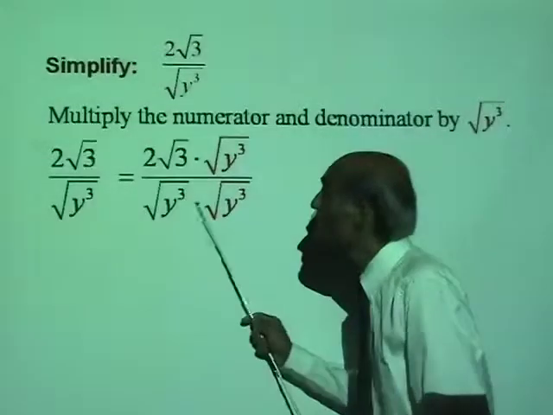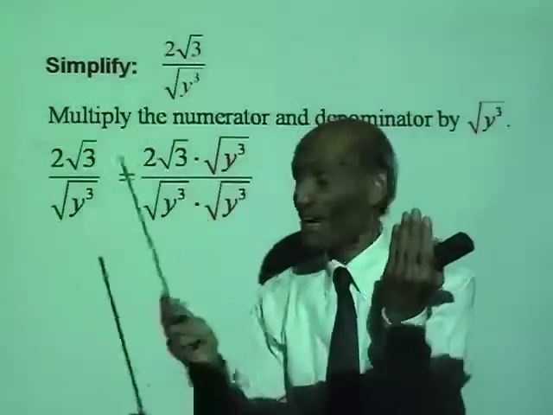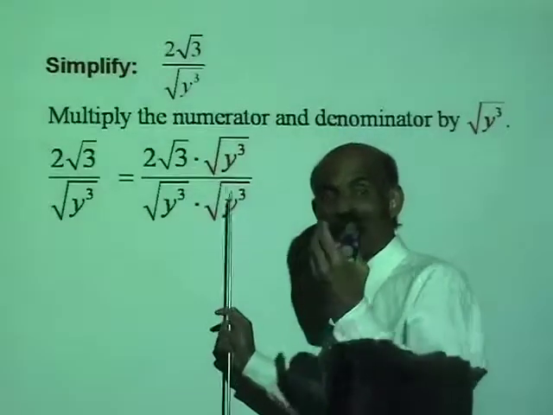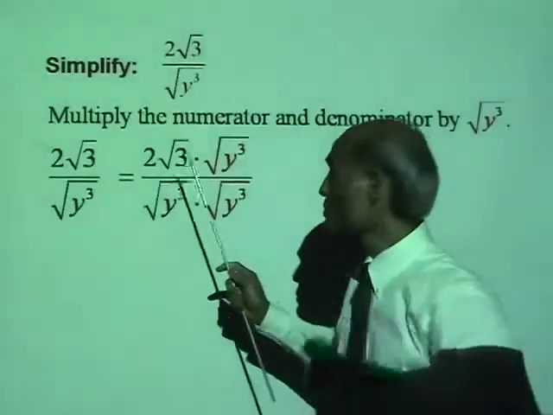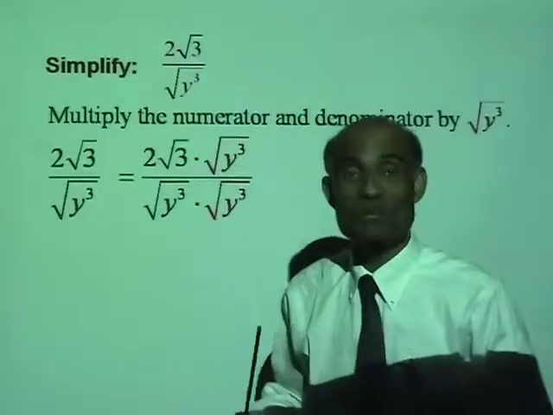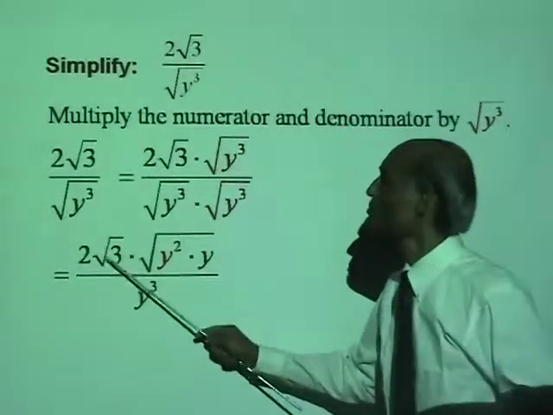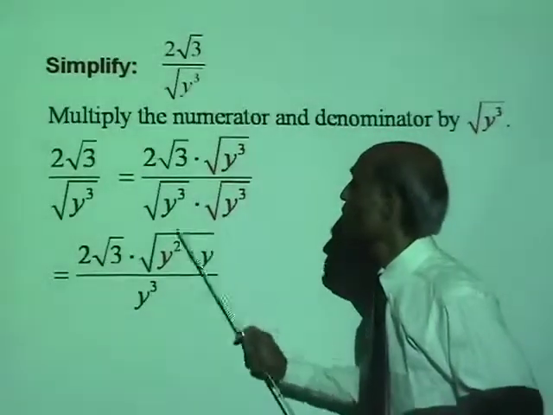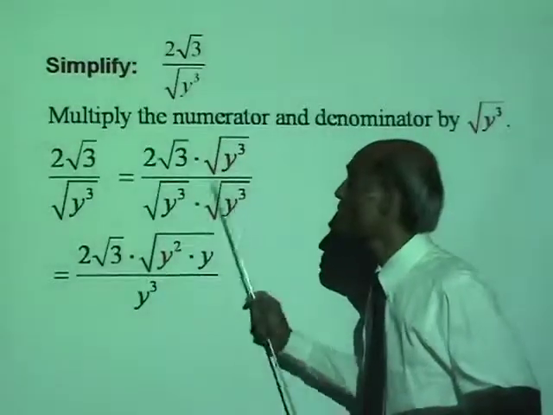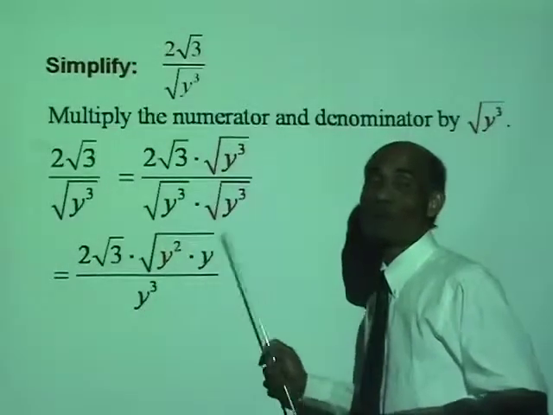What does the denominator now become? When a radical expression is multiplied by itself, the radical sign goes away. Square root y cube multiplied by square root y cube is y cube. So that will be 2 square root 3 times square root of y cube. Look at the way I wrote square root of y cube. I wrote square root of y squared times y.